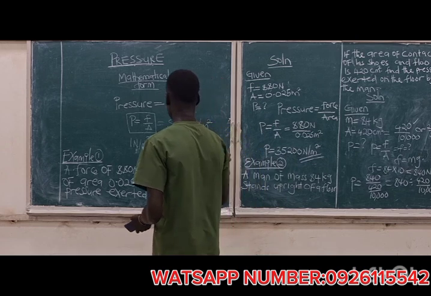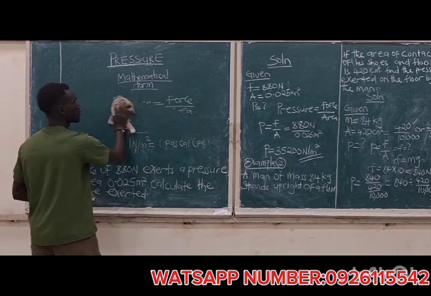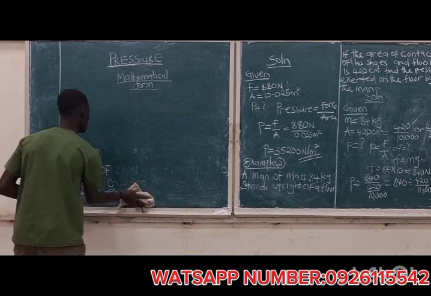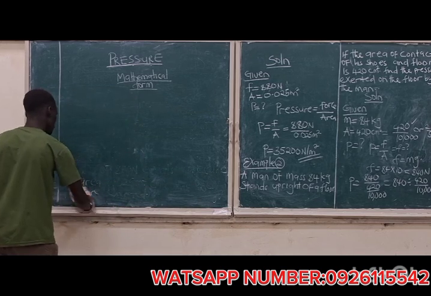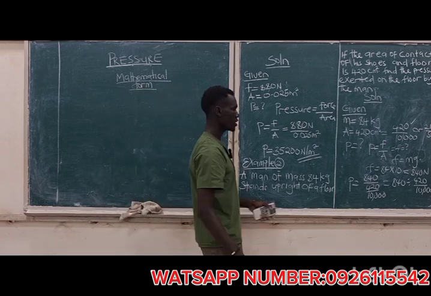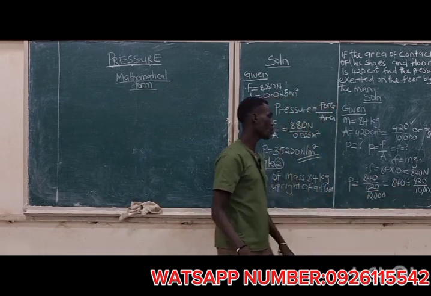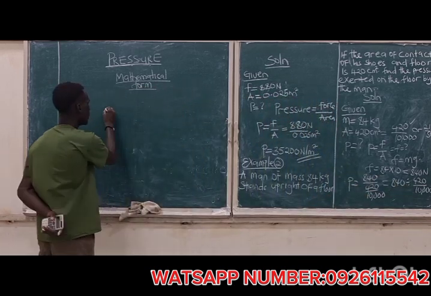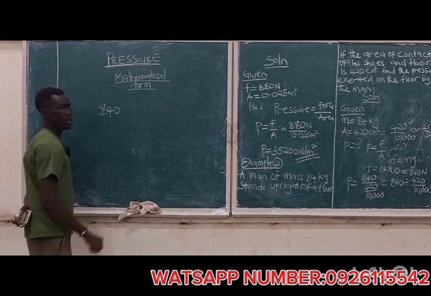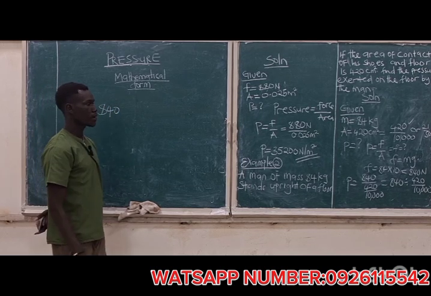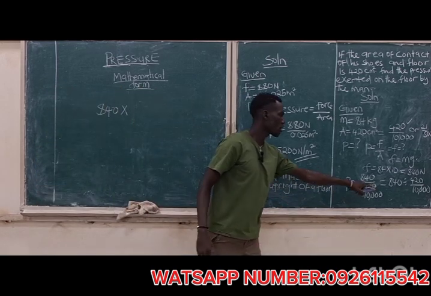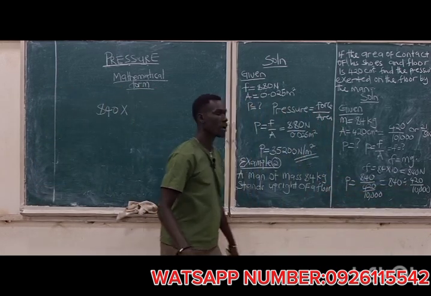Let's continue from this side. We go to the rule that changes division to multiplication. We'll have 840 times the reciprocal of 420 all over 10,000.